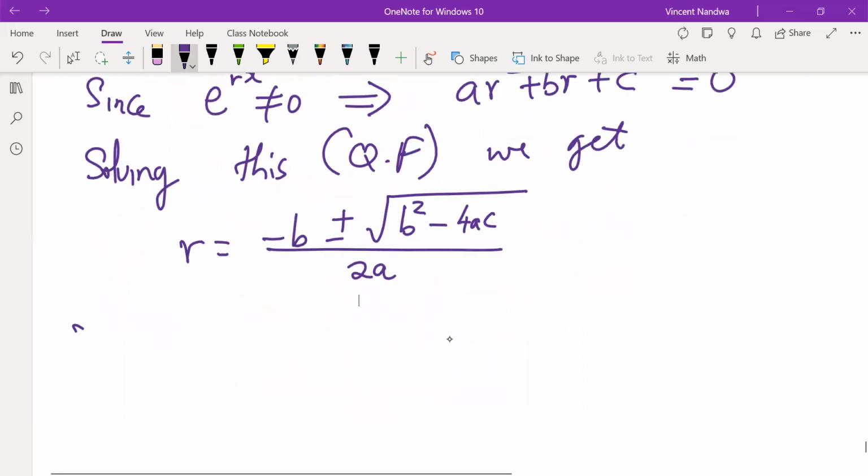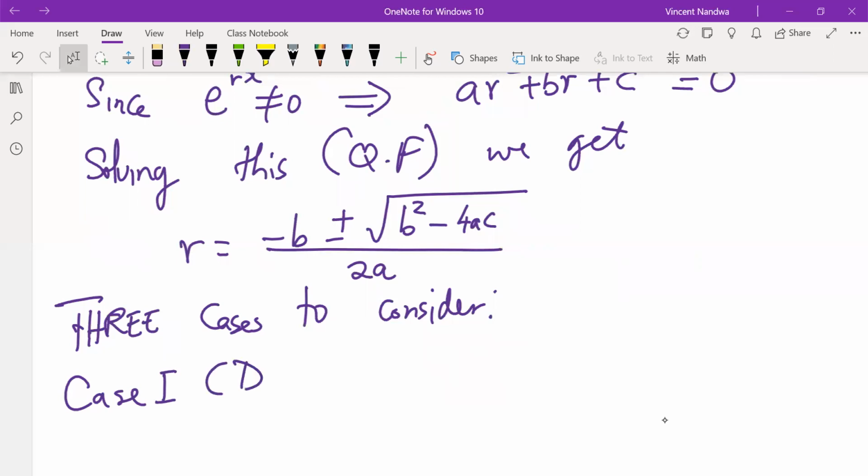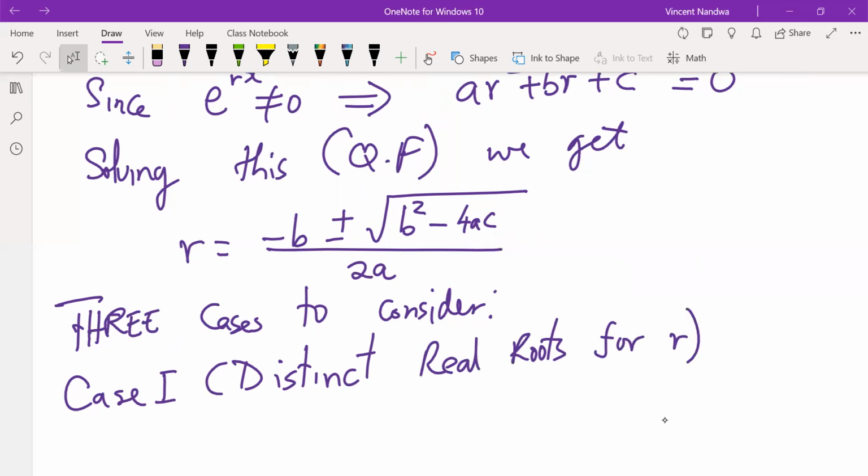So three cases to consider. Case one, distinct real roots for r.